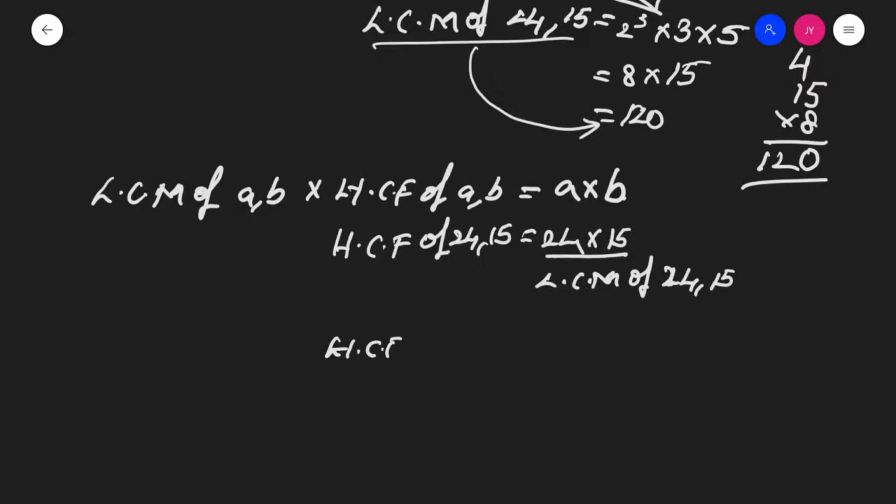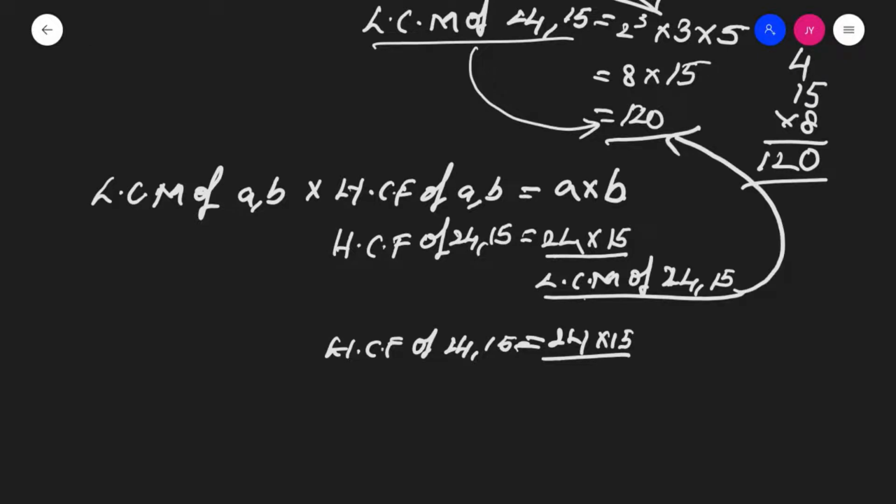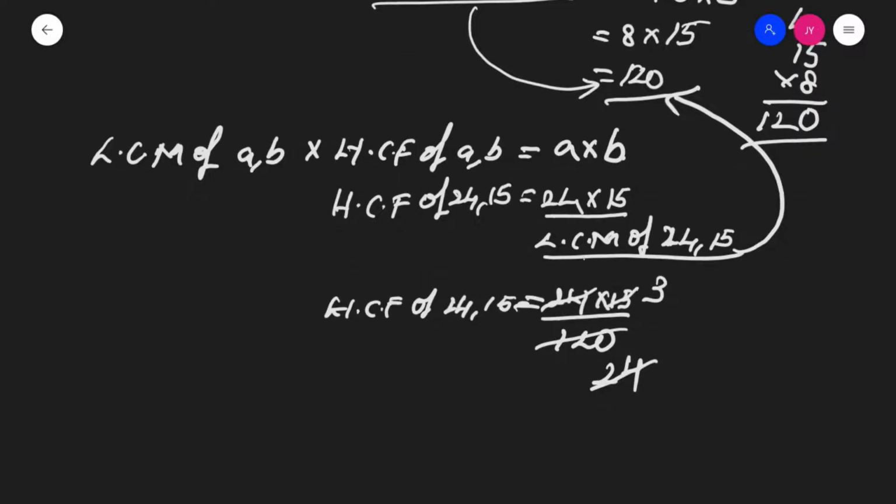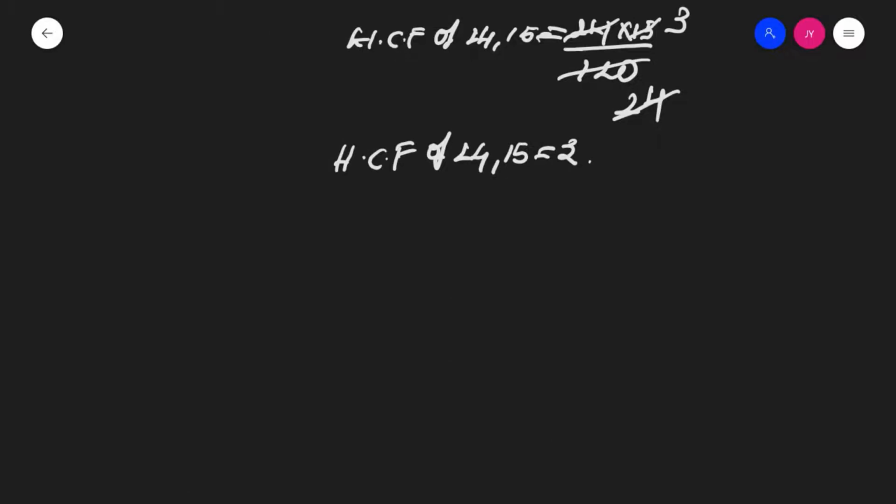So HCF of 24 and 15 will be 24 into 15 by 120, because LCM of 24 and 15 is 120. Let's simplify it. 24 and 24 cancel. So HCF of 24 and 15 is 3.